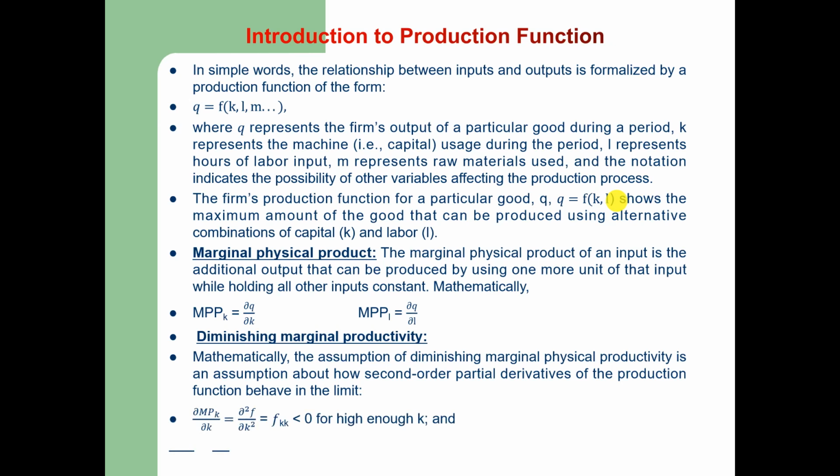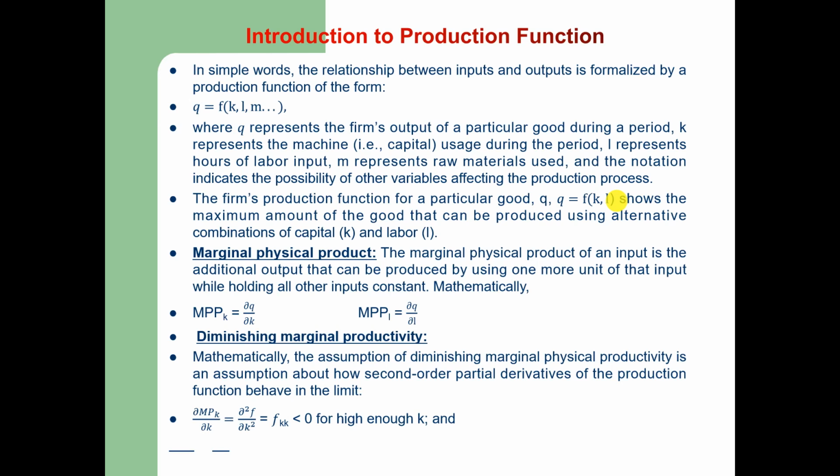So if we take the partial derivative of marginal physical productivity of capital with respect to capital, that is equal to ∂²f divided by ∂k², and that is equal to f_kk, the second order partial derivative with respect to k, and that is less than 0.